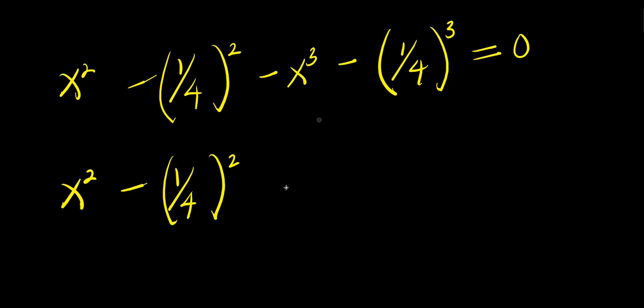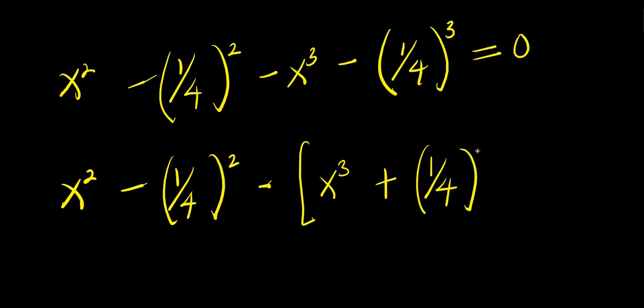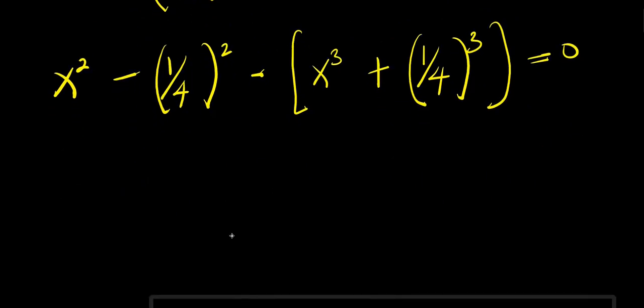Here minus minus, so we can take out the minus. This is x power 3. Then this becomes plus 4 to the power of 3. And this equals 0, because if you multiply by minus, you have this again. So what we are going to do will be to expand this.